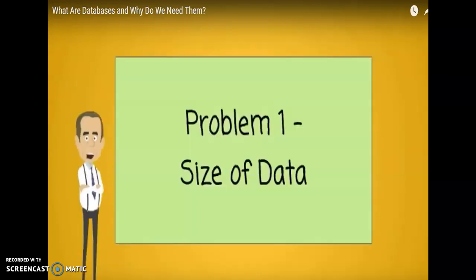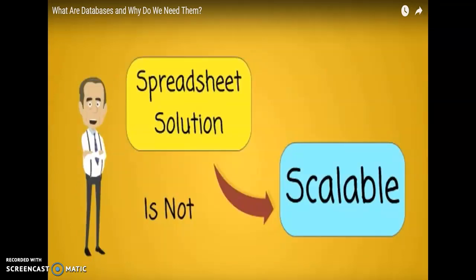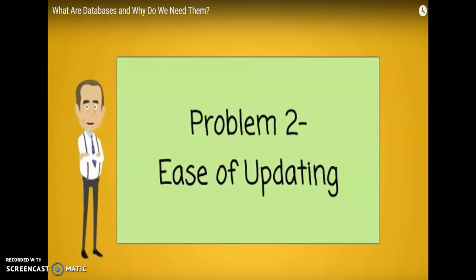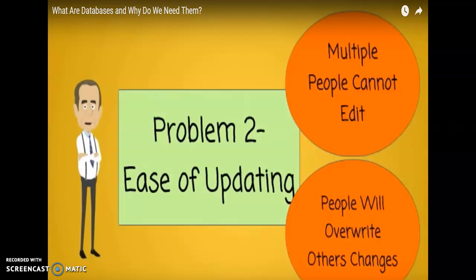For the problem of data size, the spreadsheet solution is not scalable. Scalable means if you keep increasing the size of the data, it won't work in the spreadsheet or file system. For that purpose, you need to split the files and store them in different locations. The second problem is updation.